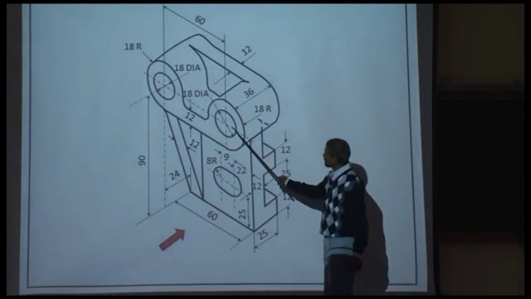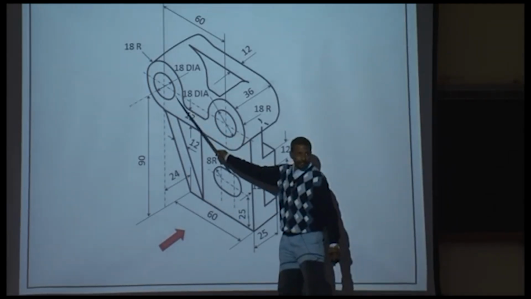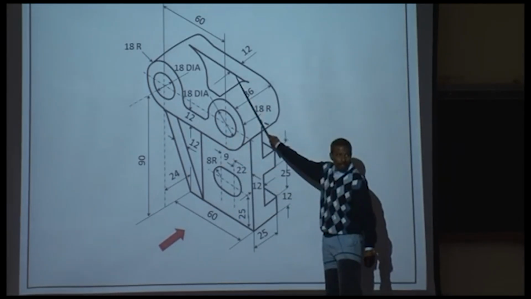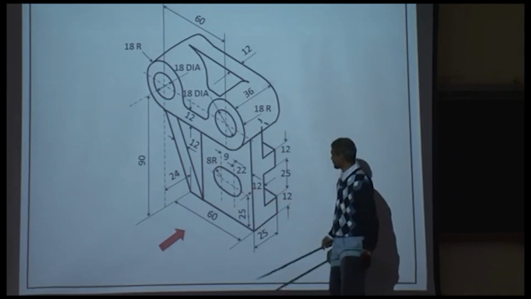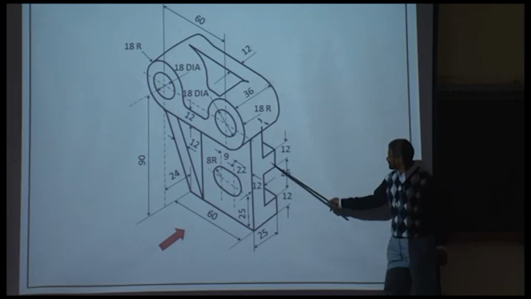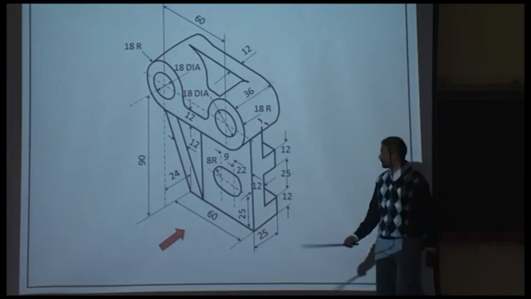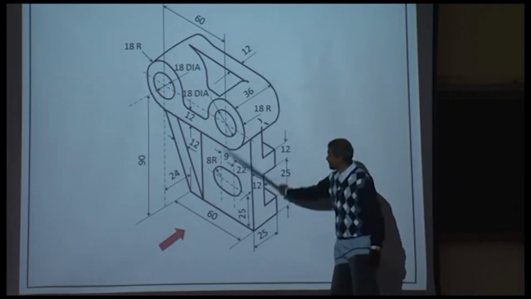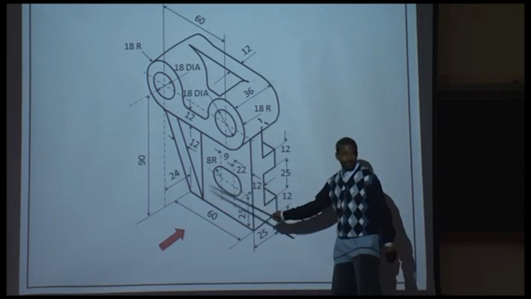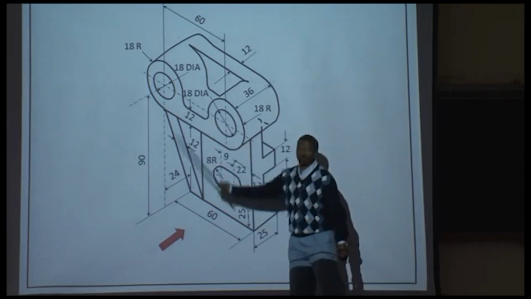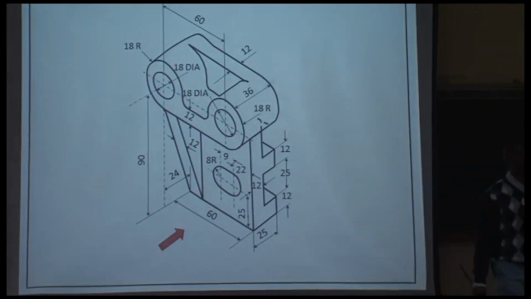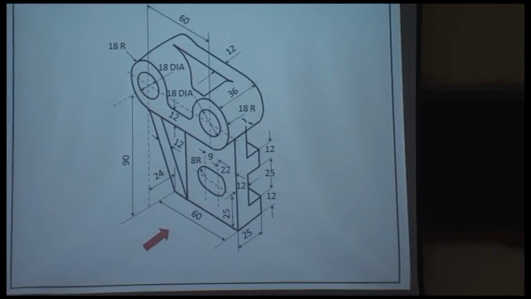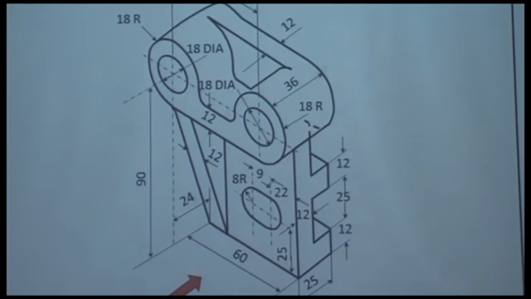You would have two cylindrical features here, one rib at the back, one tapered rib on the left, two supporting ribs behind, a plane with a, so to speak, elliptical void, and these are circular through holes. Break the solid down into different parts. That will help you imagine the solid a little better. Let's start drawing.